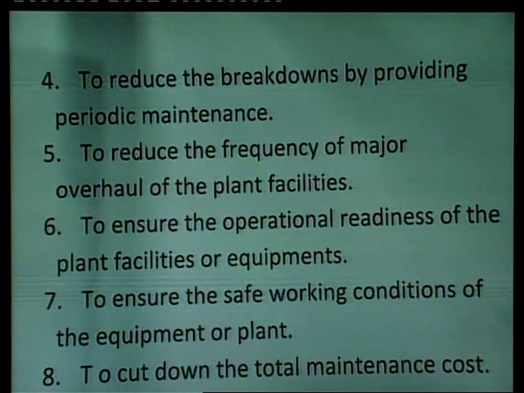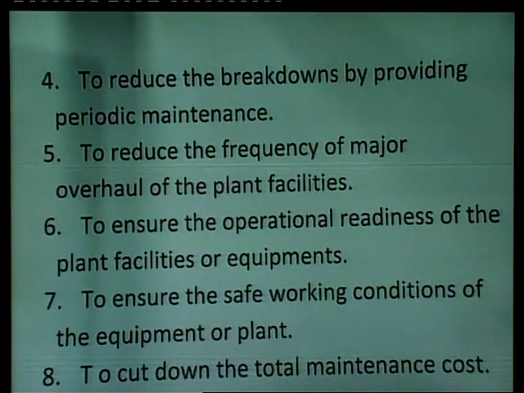Seventh one is to ensure the safe working conditions of the equipment or plant. When the working conditions are safe, the workers also have job satisfaction. So they have more interest in working, and it helps in increasing efficiency and reducing breakdown time.